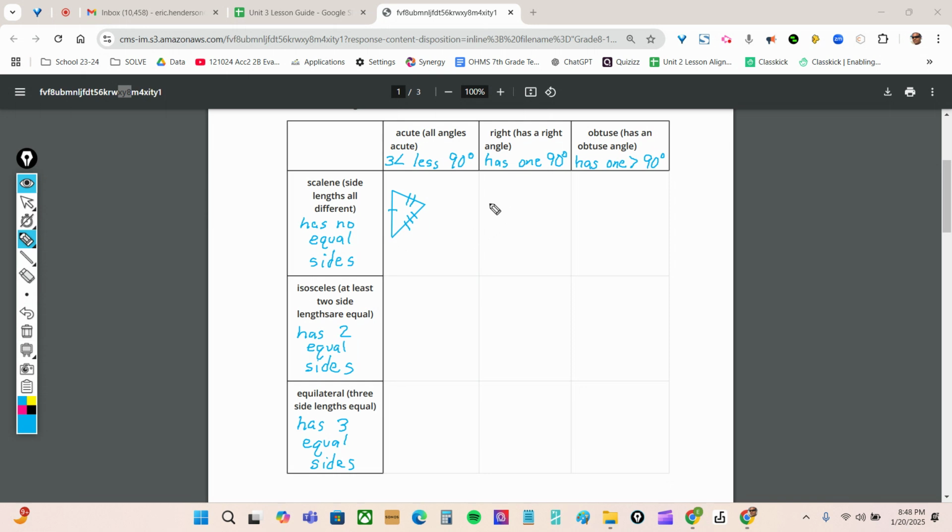And what do we got here? Scalene and right.